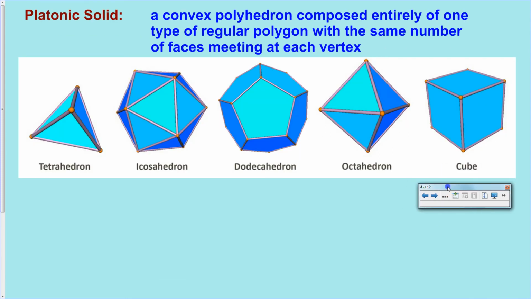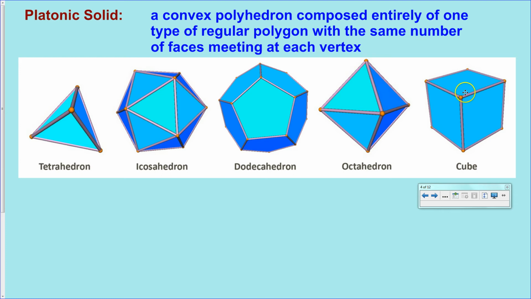These are the only 5 Platonic solids, and that was actually named after a dude named Plato. He came across these three-dimensional shapes. These are the only 5 three-dimensional shapes that fit this strict set of rules. A convex polyhedron composed entirely of one type of regular polygon with the same number of faces meeting at each vertex.